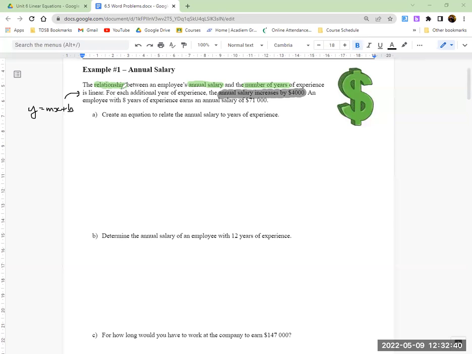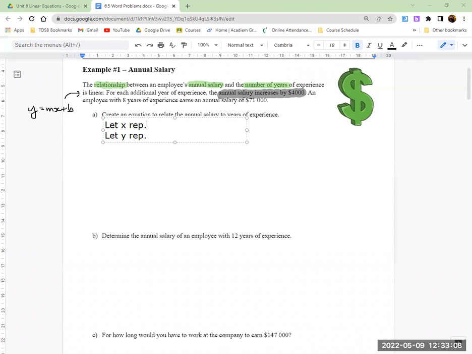Number 1, it tells me that there is a relationship between this and that. It's in your best interest to figure out what's X and what's Y. So let X represent something and let Y represent something. Tell me, what depends on what?